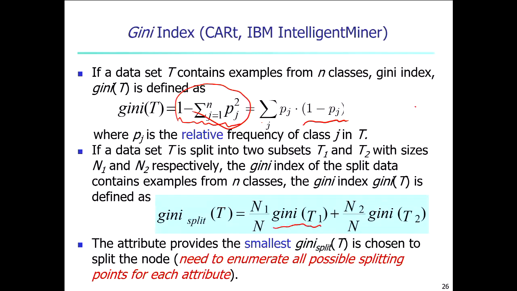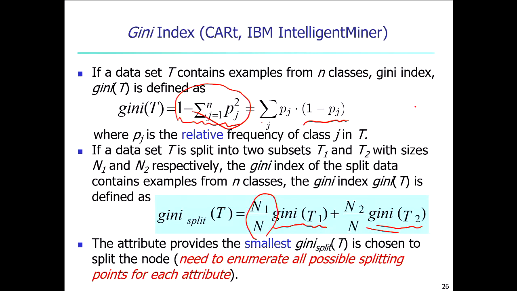That's why we calculate the Gini index of T1, and we multiply the portion of T1 over T, which is N1 over N. And we do the same thing for T2. This brings us the expectation of Gini index after the splitting.